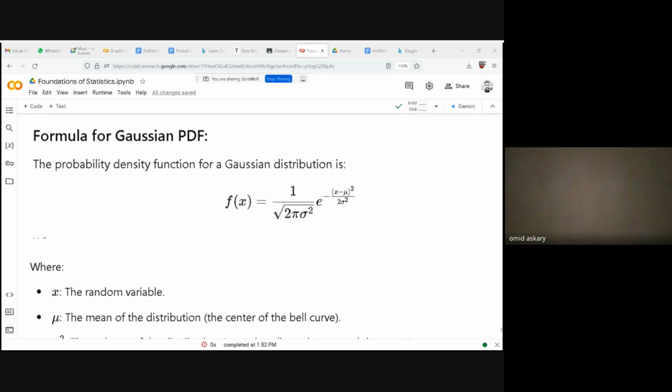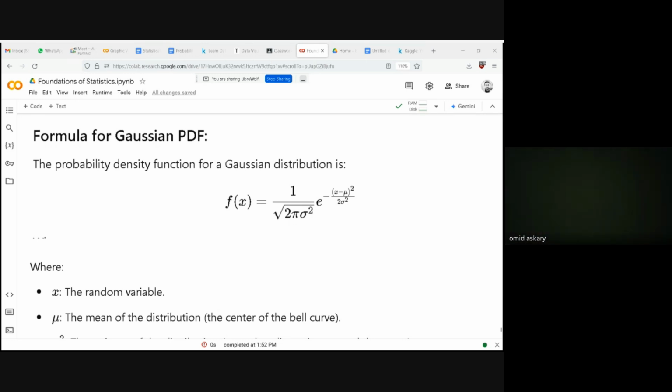So I hope you understand the Euler value. Who can tell me how much the Euler value is? That's about 2.7, and pi is 3.14. You can Google these values.